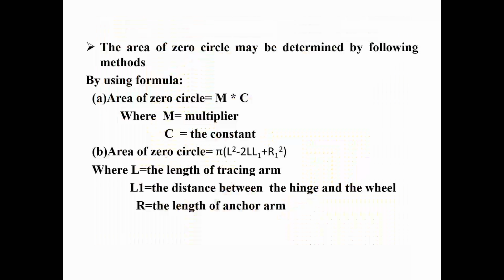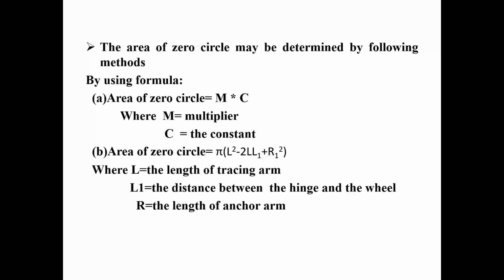Then the area of a zero circle can be determined by the following two methods. By the formula, area of a zero circle equals m into c, where m is the multiplier constant and c is the constant.